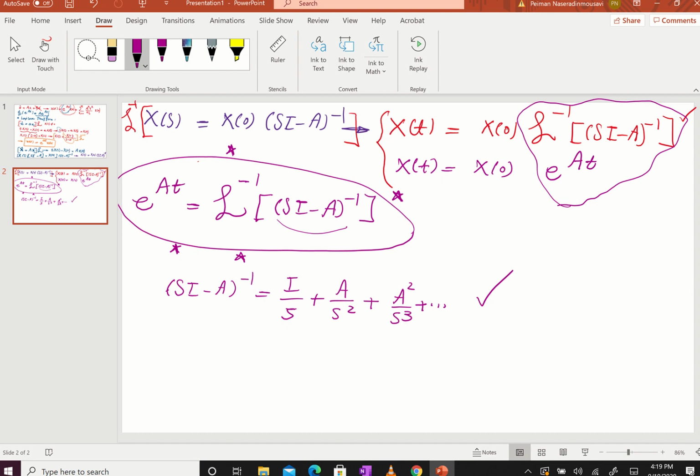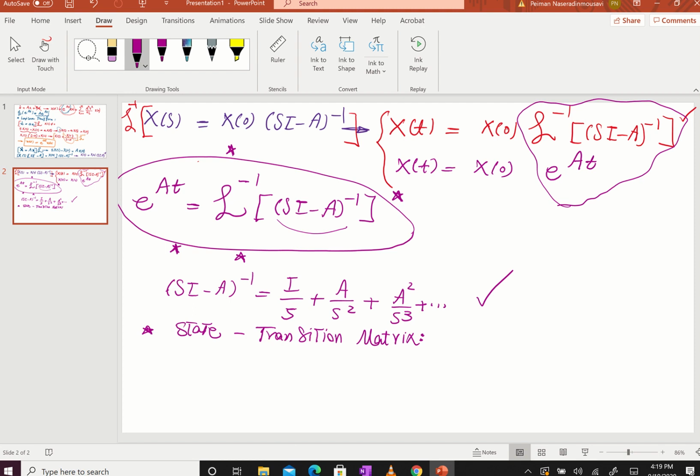After knowing that the matrix exponential is this function, let me introduce the state transition matrix.